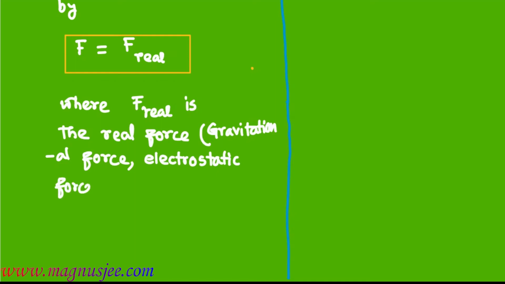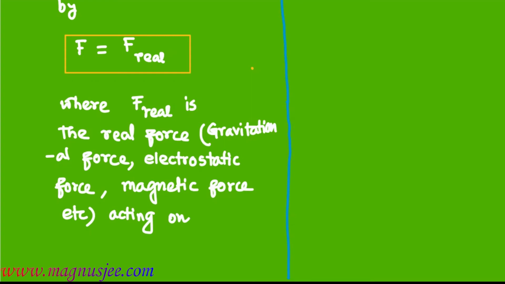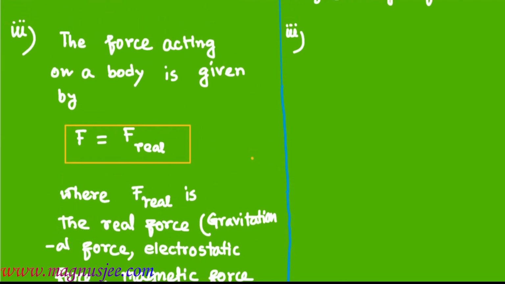These are the real forces experienced by the body. And in an inertial frame of reference, only real force acts on the body, due to which the body will be accelerated, where F real is the real force. As an example, gravitational force, electrostatic force, magnetic force acting on the body.